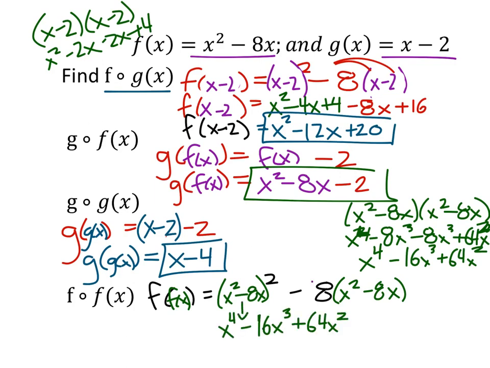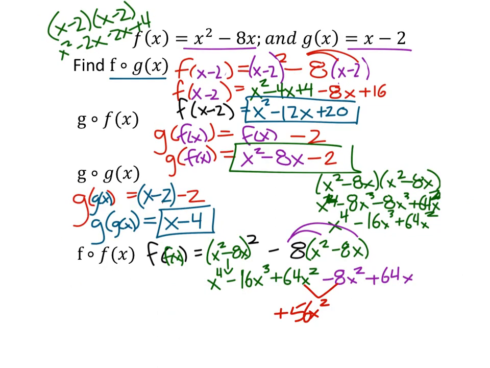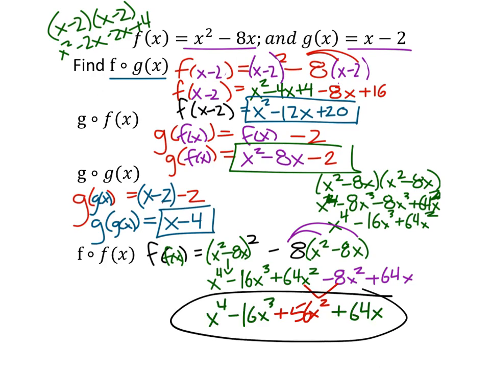Then let's do the distribution of this negative 8. So that's negative 8x squared plus 64x. We've got those x squareds that we can combine right there, and nothing else really changed. And that is our simplified expression for f of f of x.